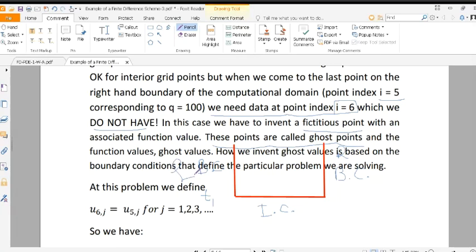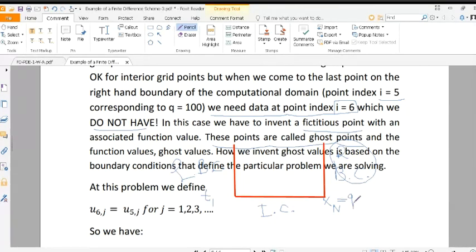In this scheme, we need the right boundary condition. We need the value of u at xn, where xn equals q. We need the value of u at q as the right boundary condition.